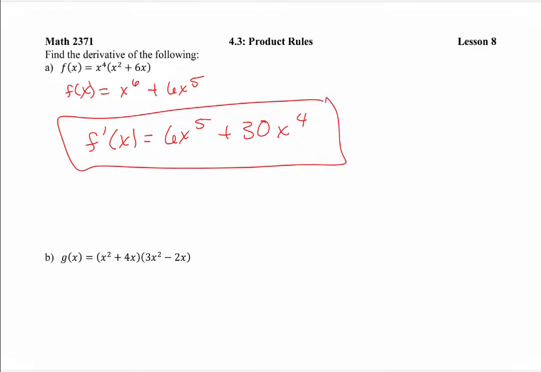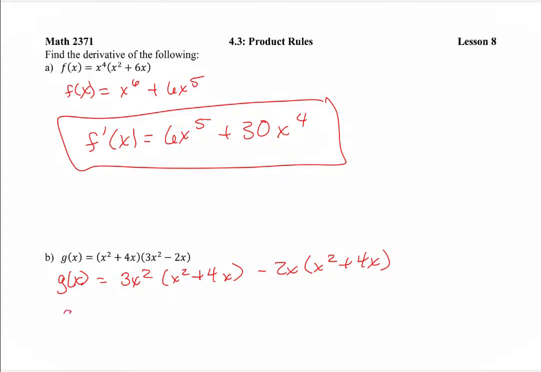Now, if I want a simplified derivative, that's all fine and good. But when I get to the next one, so when I get to finding the derivative of the second question of part B, that gets a lot more complicated because to multiply this out, I have to do the distributive property twice, right? I have to say 3x squared times x squared plus 4x, minus 2x times x squared plus 4x.